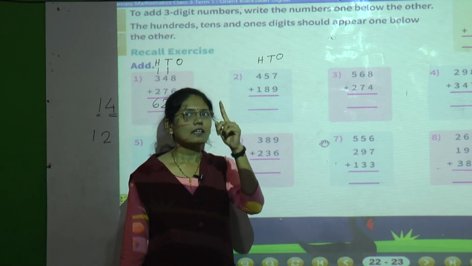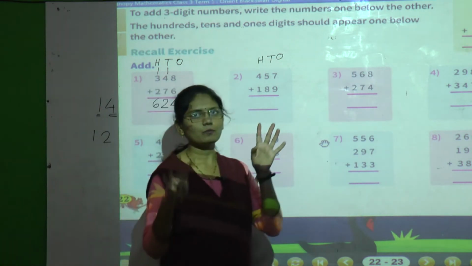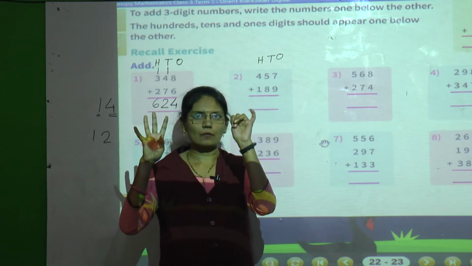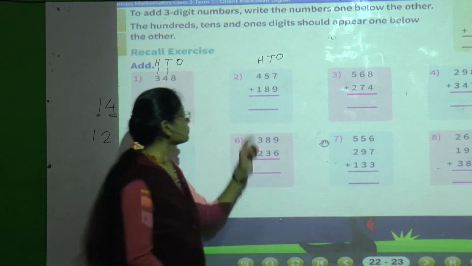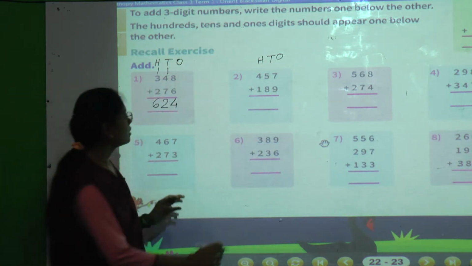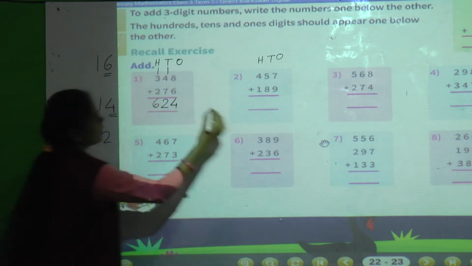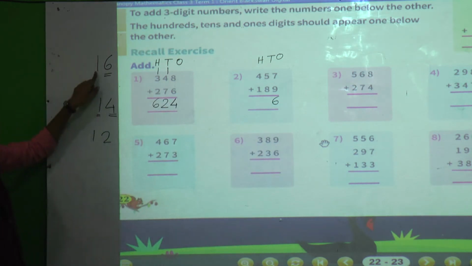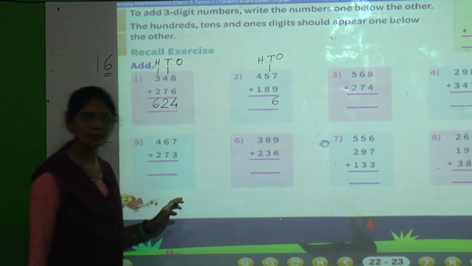After 7, count your 9 fingers: 8, 9, 10, 11, 12, 13, 14, 15, 16. So 7 plus 9 is 16. Okay. If 16 is there, then which number should we write here? 6. Correct. And this 1 will come as a carry to the next place.